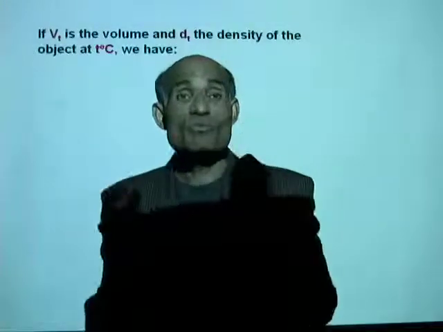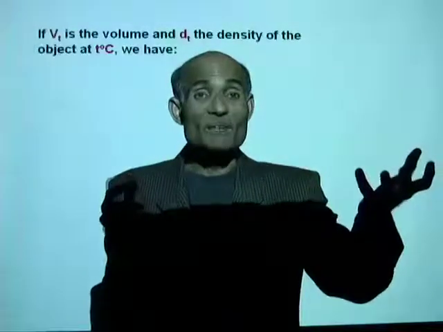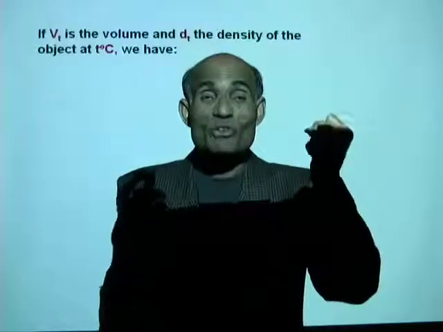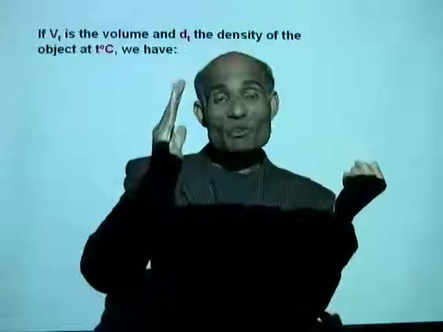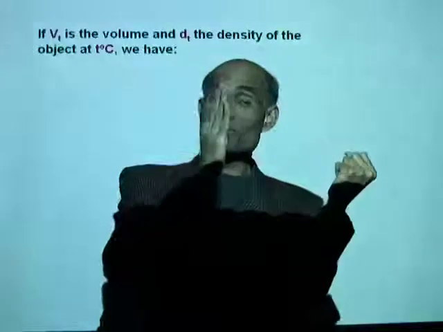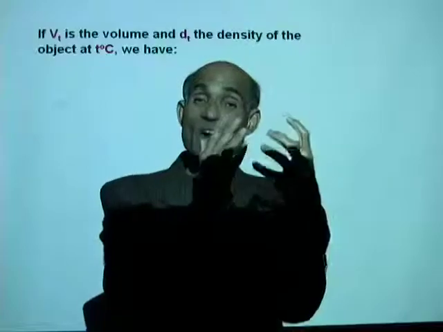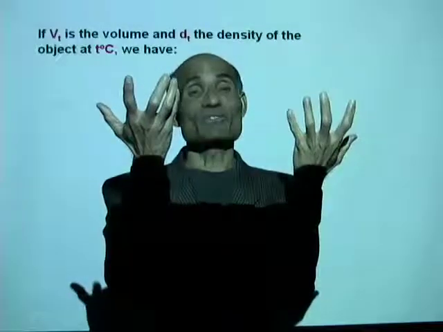And that is the reason why when you put a bottle of water in the freezer, when it becomes ice, the bottle breaks. Why? Because when water cools down from 4 degrees Celsius to 0, instead of its volume decreasing, its volume increases.